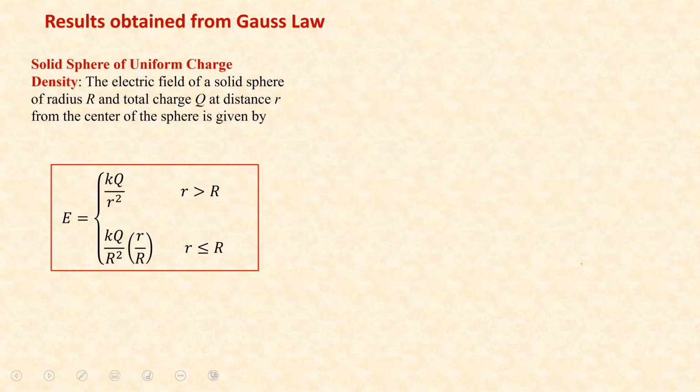Remember, outside, if r is greater than R, meaning the distance to the center is greater than the radius of the sphere, you're outside, and the electric field is kQ over r squared. It's the same as if all the charge collapsed into the center. But inside, it is the formula I just derived.